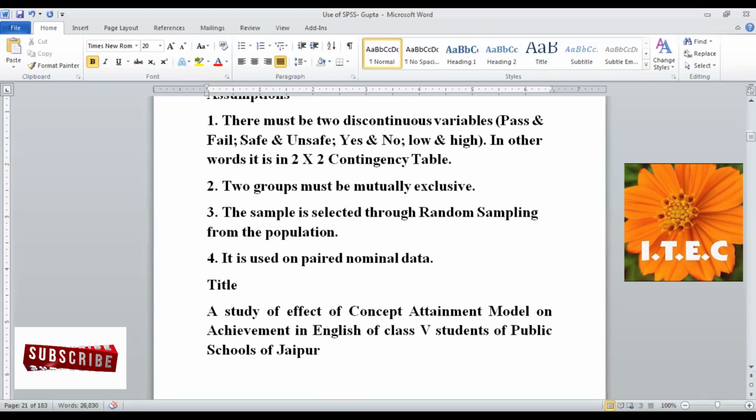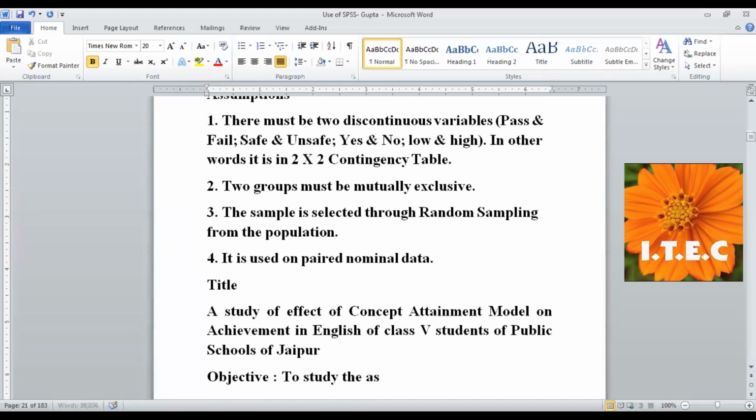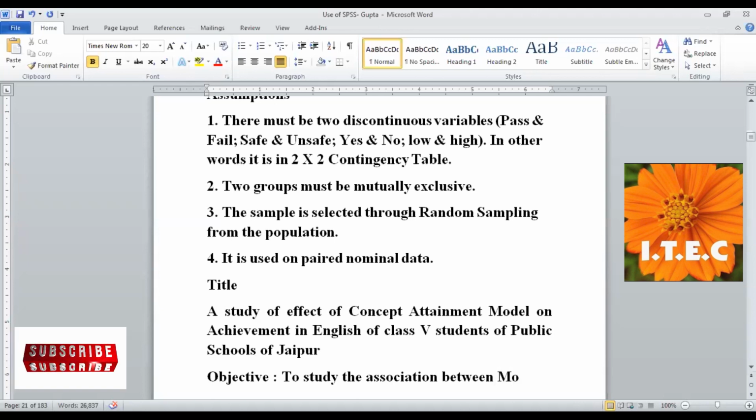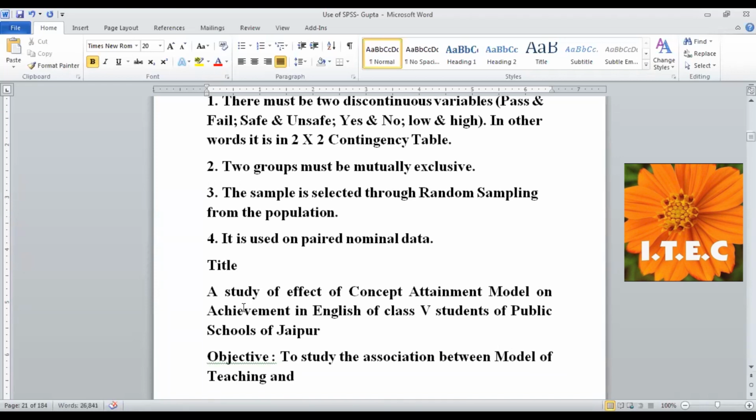So I may have the objective like this: objective is to study the association, because association, I told you, is used when you have nominal scale data, association between the models of teaching and the achievement in English of students.